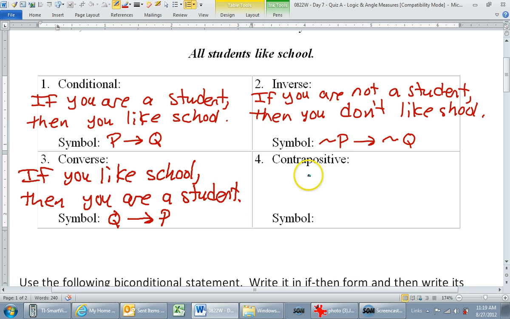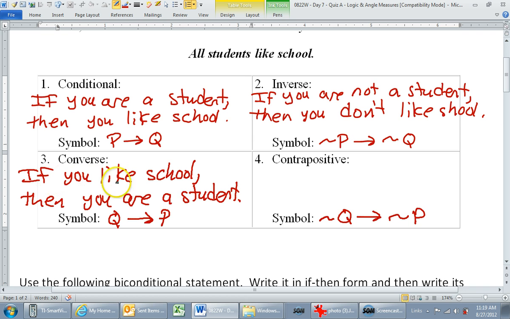Okay? And finally, the contrapositive. That's the one where we negate it and reverse it. So the symbols for that would be, if not Q, then not P. Okay? So that's what the symbols should look like. So the contrapositive is going to be similar to what I just wrote for the converse, only with the word not in there.